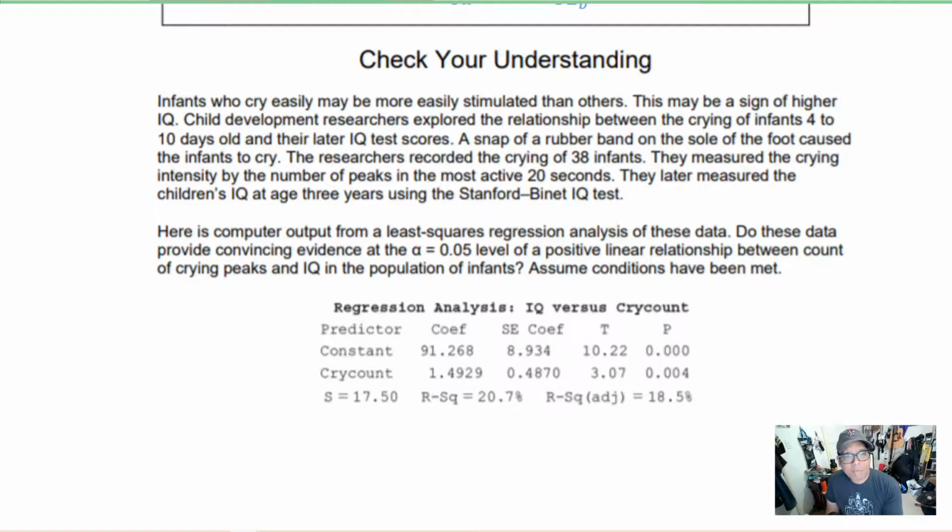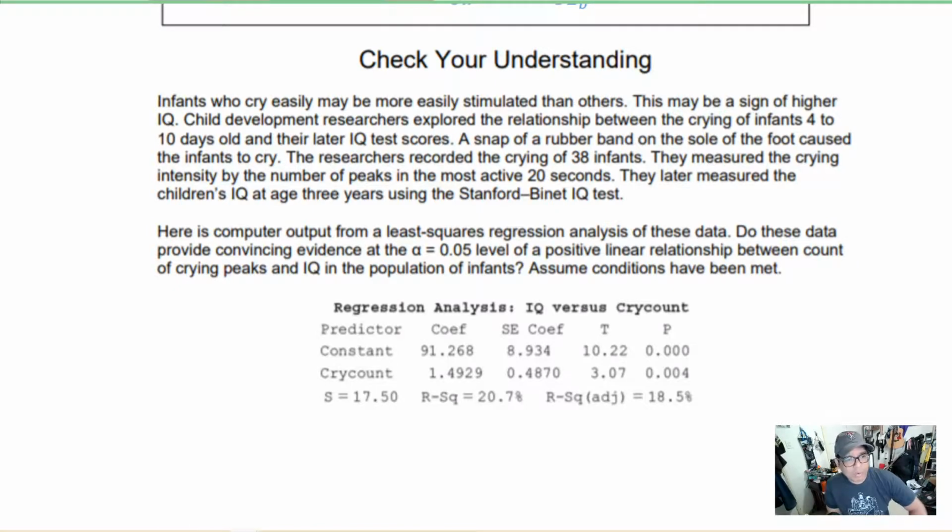A snap of a rubber band on the sole of the foot caused the infants to cry. The researchers recorded the crying of 38 infants. They measured the crying intensity by the number of peaks in the most active 20 seconds, and they later measured the child's IQ at age 3 years using the Stanford-Binet IQ test.